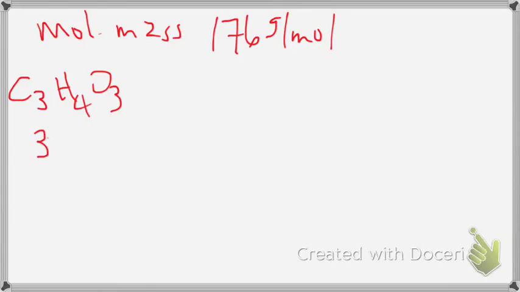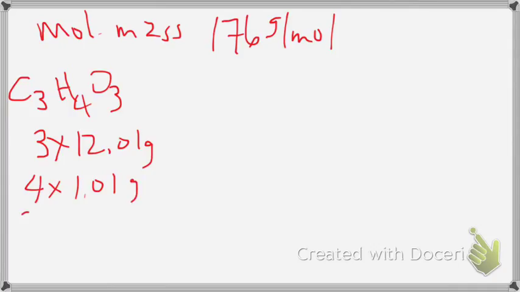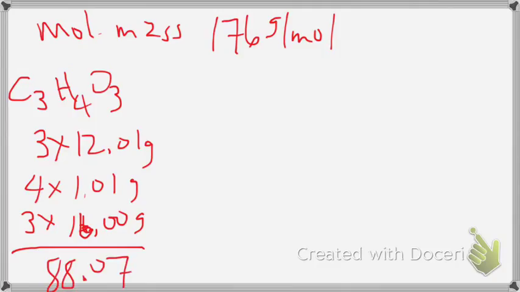We have to take 3 times 12.01 grams, 4 times 1.01, because that's how many hydrogens there are, and 3 times 16.00, since it's how much oxygen there is. When you add all of those up, you get 88.07 grams per mole.